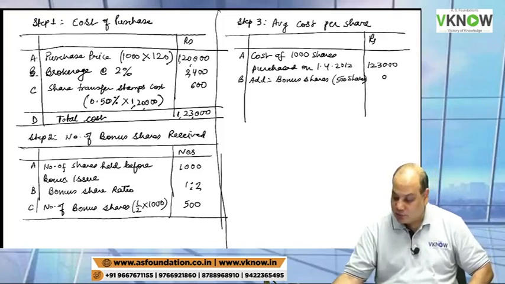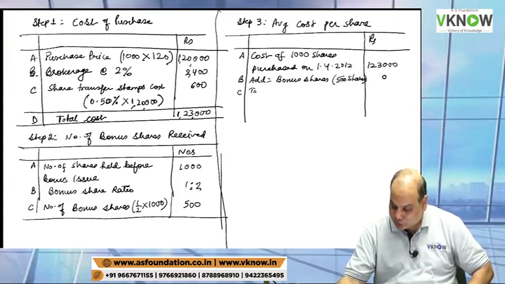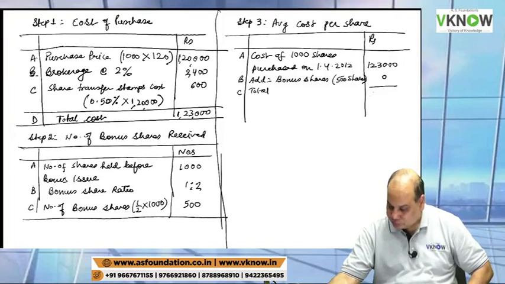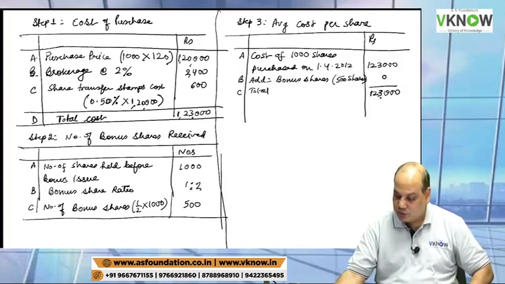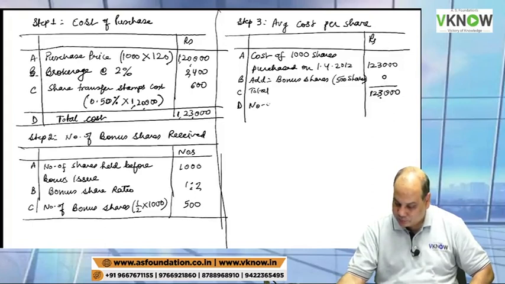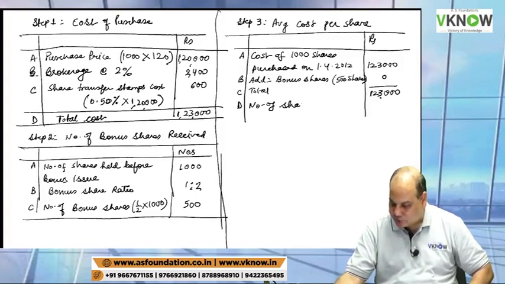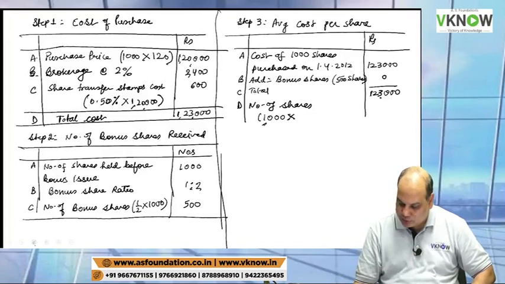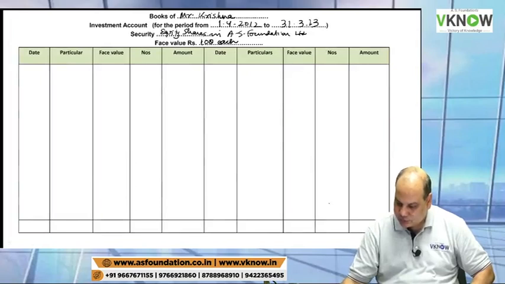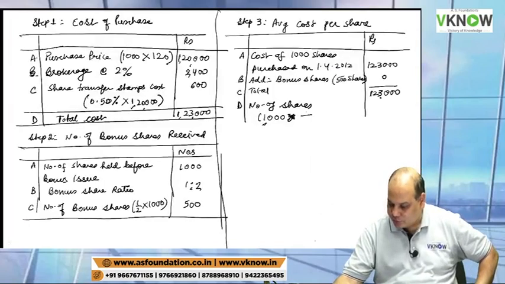But the cost is nil. So my total cost is 1,23,000. And point D, number of shares: 1000 plus 500, 1500.